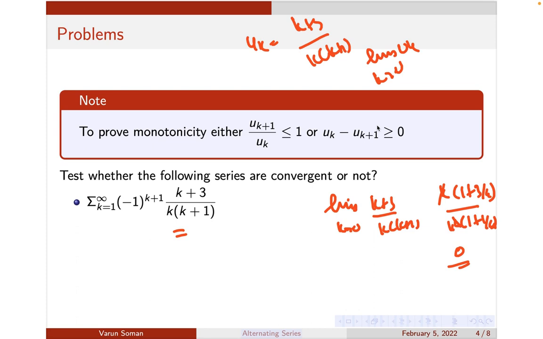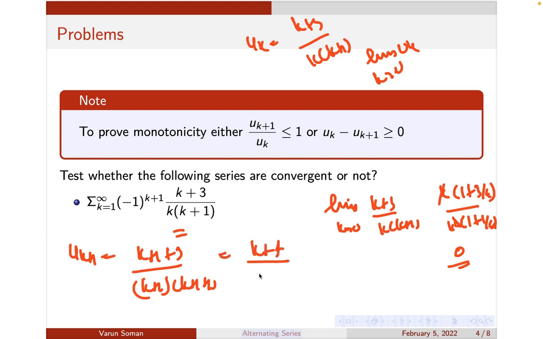Now let us look at monotonicity. What is your u_(k+1)? First of all, your k should be replaced by k+1, so it is (k+1+3) by (k+1) into (k+1+1), which is nothing but (k+4) by (k+1) into (k+2).